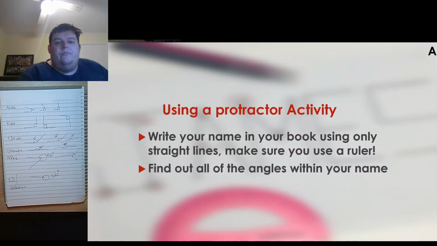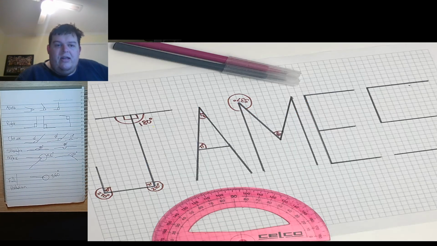This is an activity that I want you to try at home using a protractor if you have one. If not, there's one on your Mathomat if you have that. The idea is, in your book, I want you to use only straight lines to write your name, and then find all the angles inside your name. Here's an example.